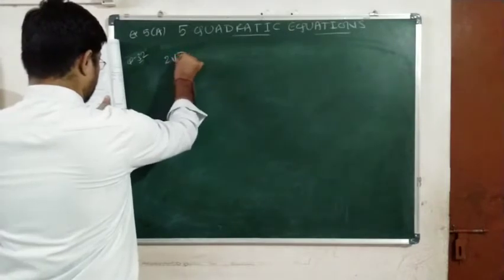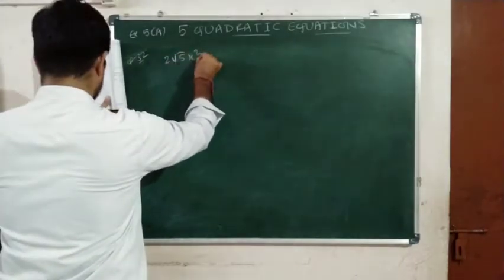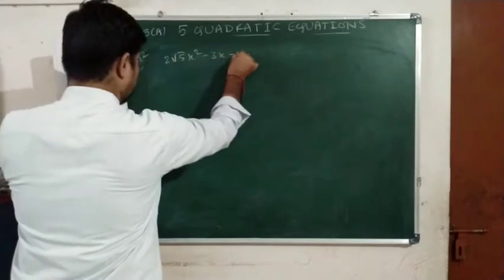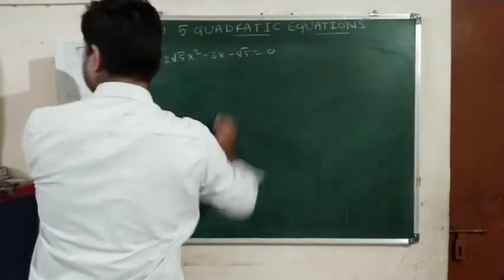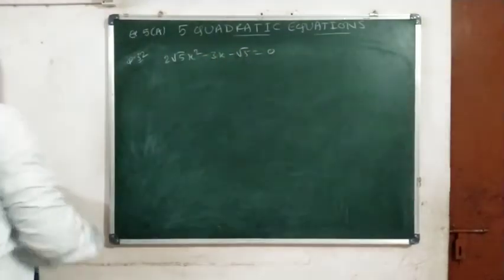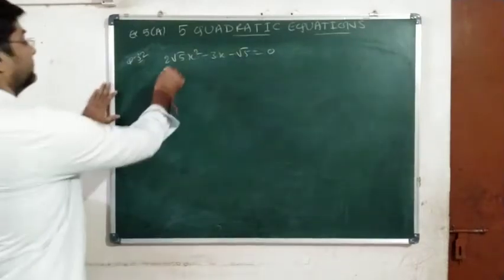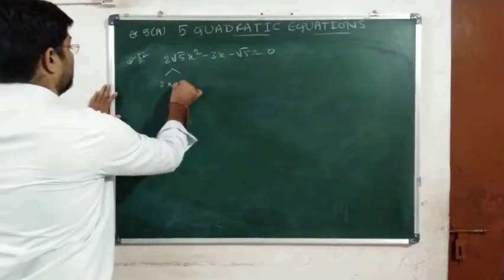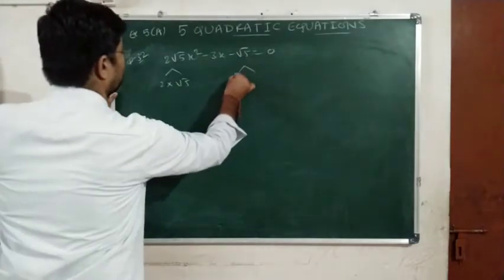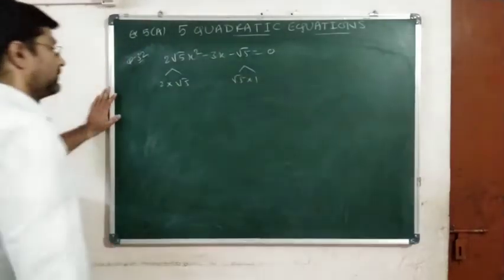Okay, 2 root 5 x square minus 3x minus root 5 is equal to 0. Here 2 into root 5, and this is root 5 into 1, root 5.